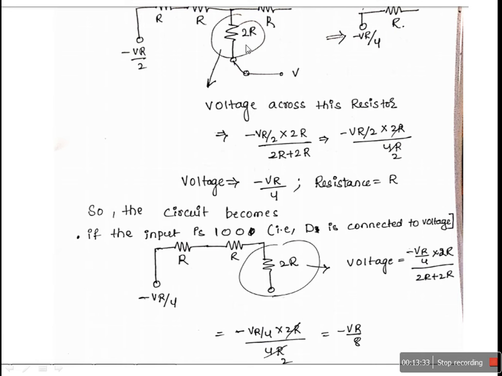So the known voltage is minus VR by 2 into 2R by 2R plus 2R, since these two resistors are connected in series, that's why 2R. So the total voltage is minus VR by 2. Again the equivalent impedance is R plus R equal to 2R. 2R parallel 2R is nothing but R. Are you getting my point?